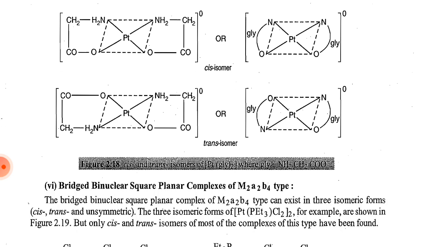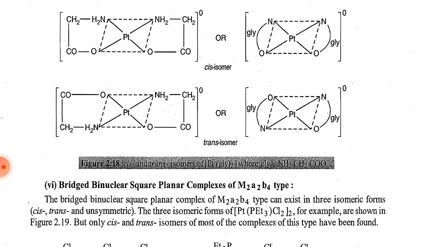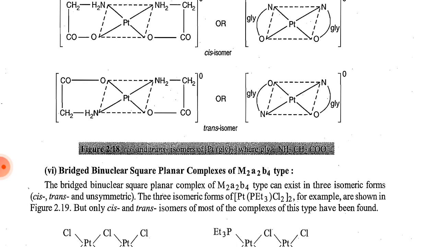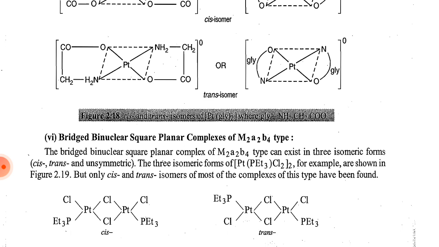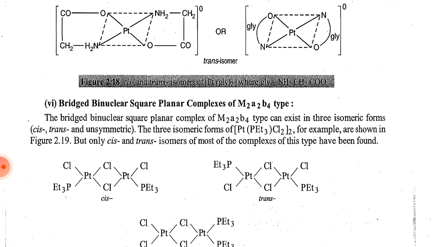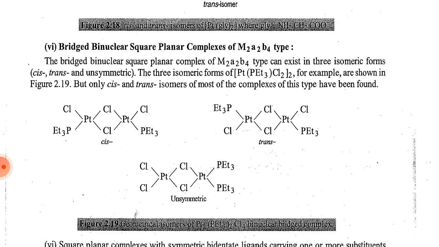Then in the trans form, Pt(NH2CH2COO)2, the oxygens are opposite to each other and the NH2 groups are opposite to each other, so they show the trans isomer. This is an unsymmetrical bidentate ligand where two donor atoms are bonded to the central metal.